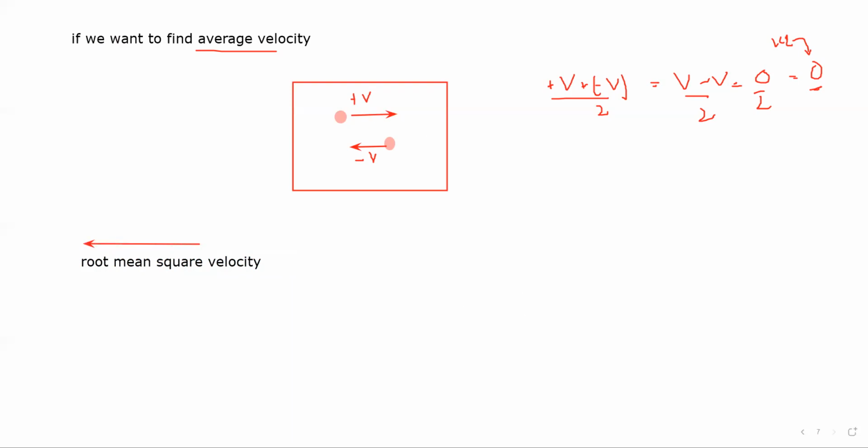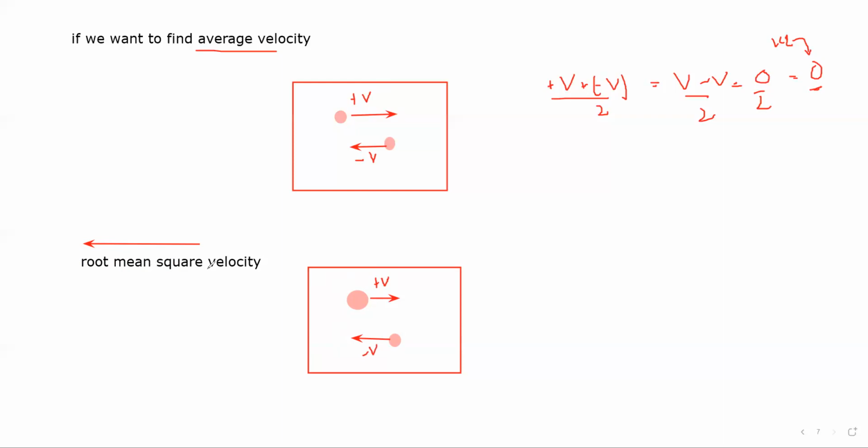Example, if two particles are there, moving in opposite directions, I will not take the average, I will take the root mean square velocity. What is the meaning? If one is moving with plus v, the other one is moving with minus v.